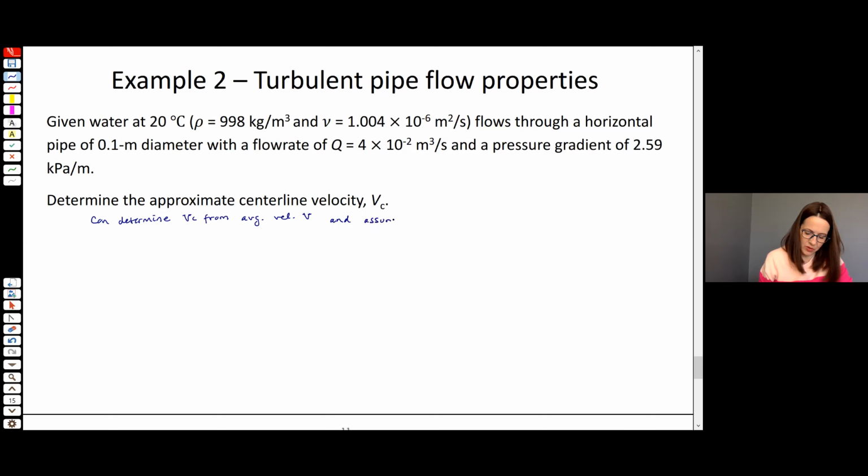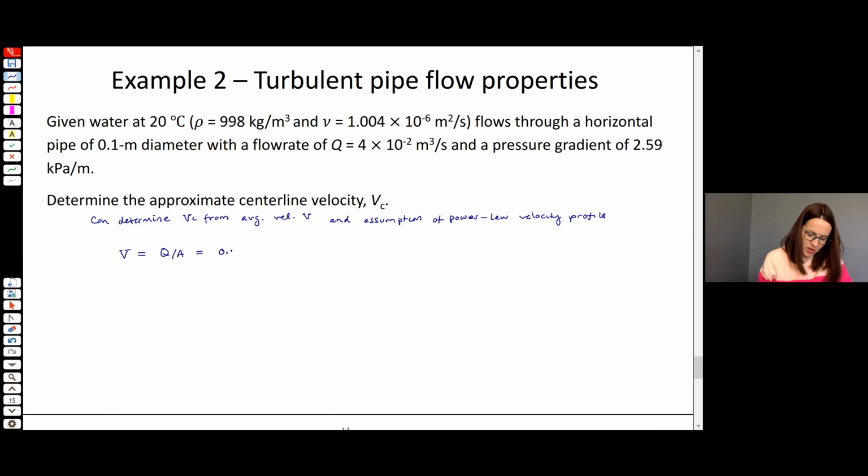And we also have to assume a power law velocity profile.